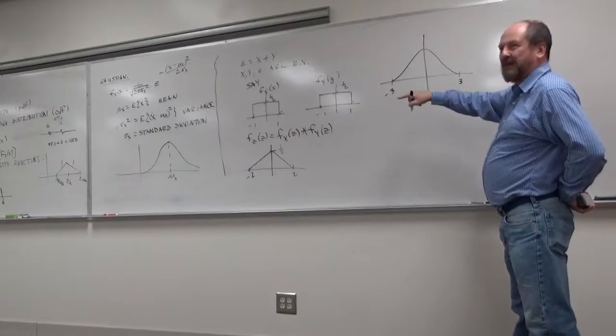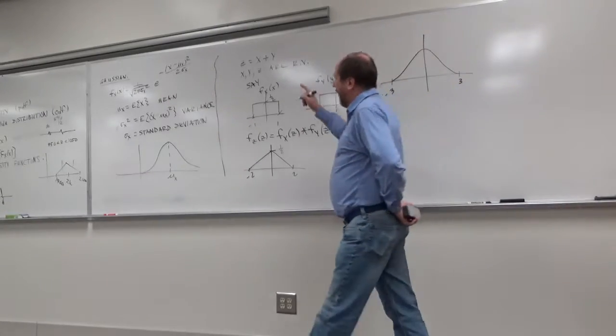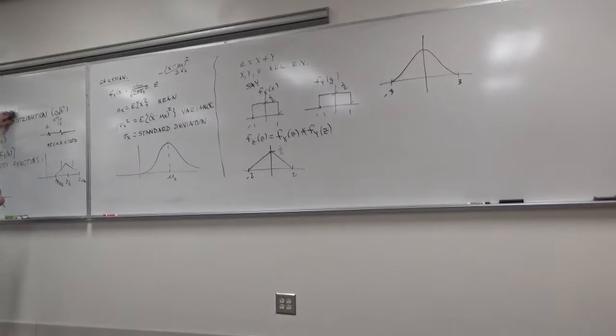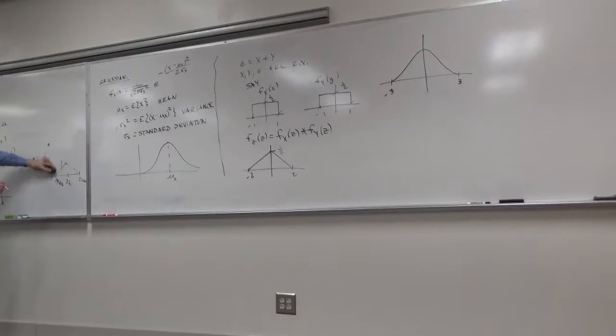So if you keep doing that, it winds up, if I add this, that, let's just say, I'll use different notation. Z equals x1 plus x2 plus dot dot dot plus x sub n.